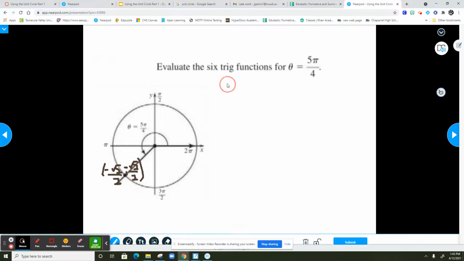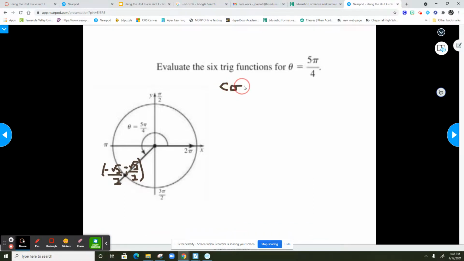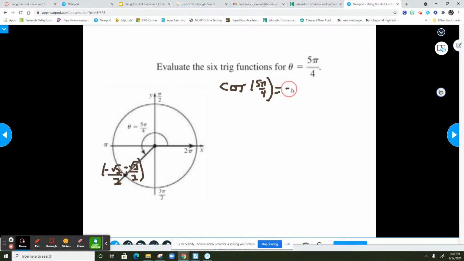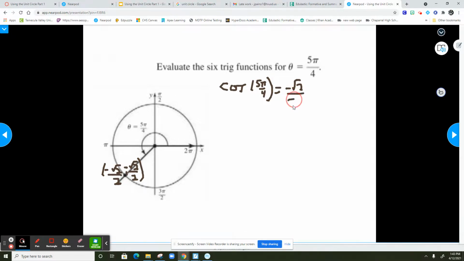So what's cosine? Cosine of 5 pi fourths. All right, that is negative rad 2 over 2. And what is sine of 5 pi fourths? That is also negative rad 2 over 2.